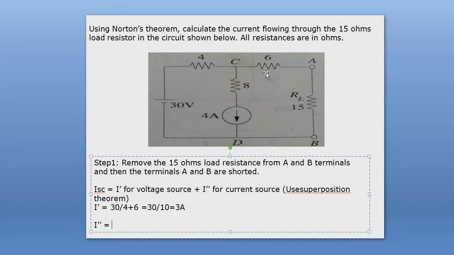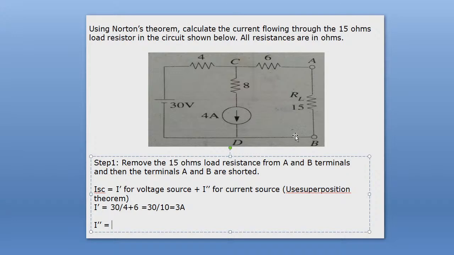Okay. So therefore the current through 6 ohm resistance is equal to the current through the short path. So we can write the current through this 6 ohm resistance will be equal to how much? You see, this 4 ampere current is divided into two parts. One is flowing through 4 ohm resistance and another one is flowing through 6 ohm resistance.